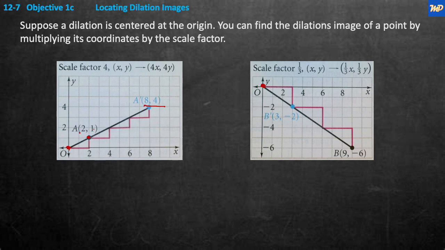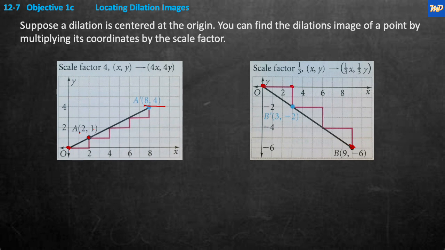Scale factor 1/3. x comma y yields 1/3 x comma 1/3 y. We can see that here. Let's say we started down here at B, which is 9 comma -6. We're going to end up by going 1/3 of that. We take the x value 9 divided by 3 and end up at 3.